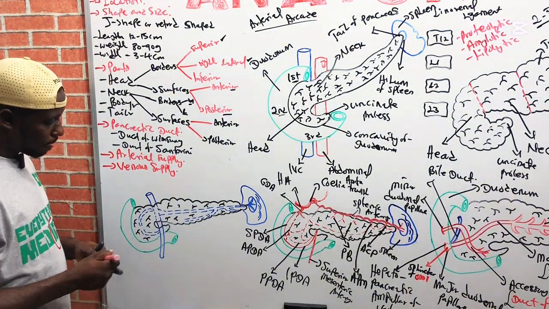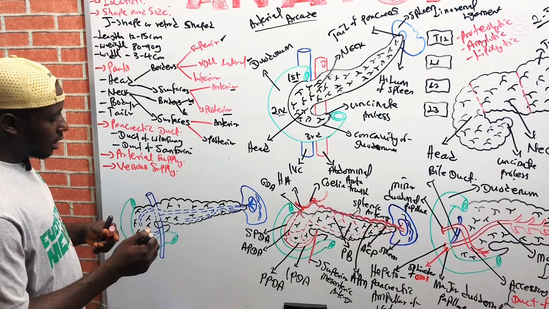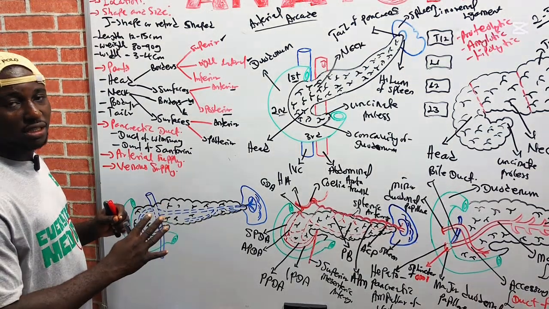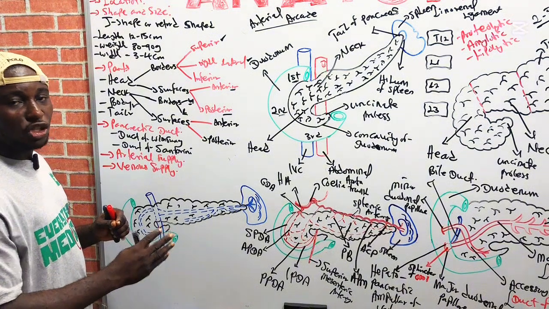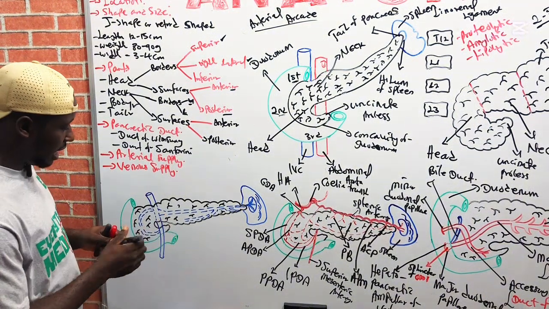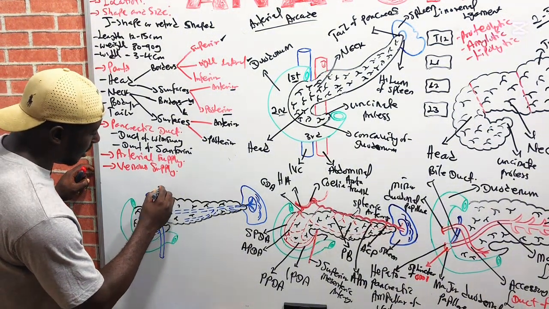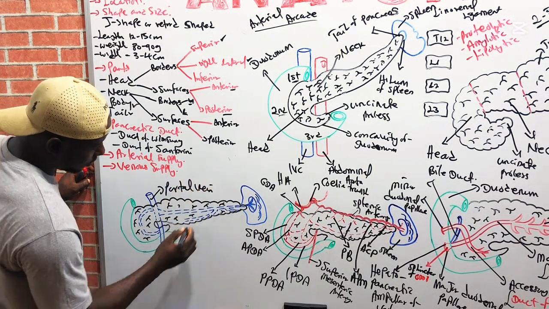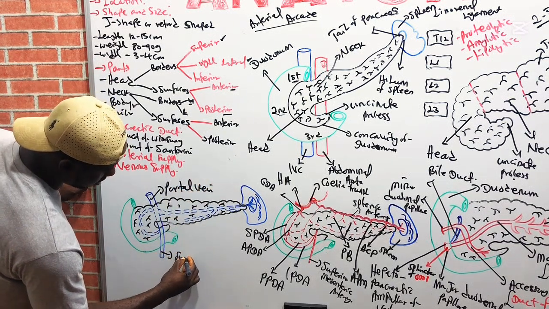Now watch. The venous supply is mostly from the portal vein, the superior mesenteric vein, and the splenic vein. So this is the portal vein. This is the superior mesenteric vein.